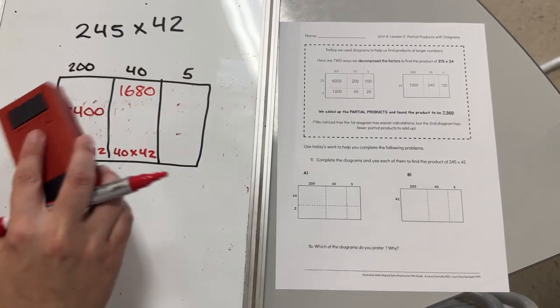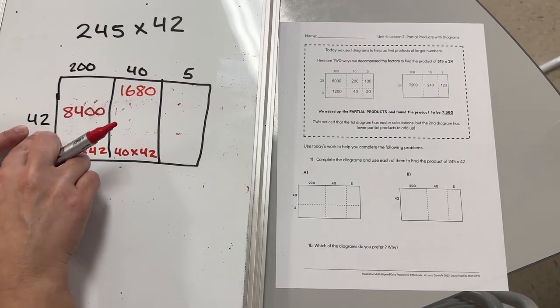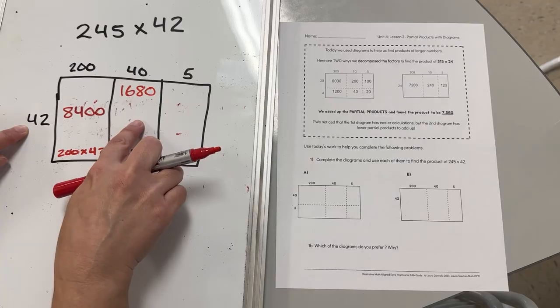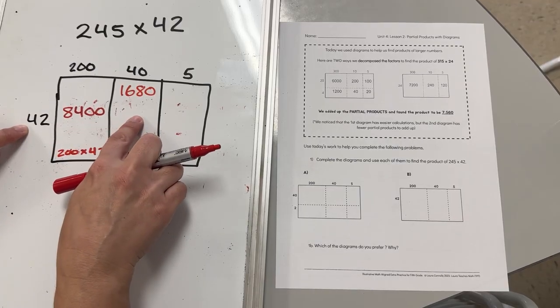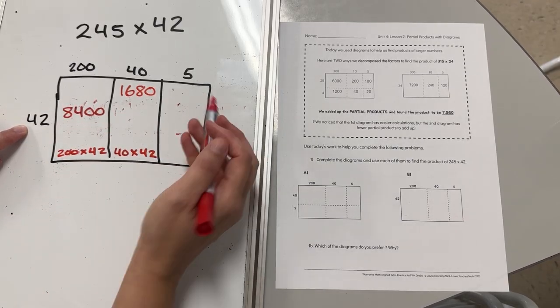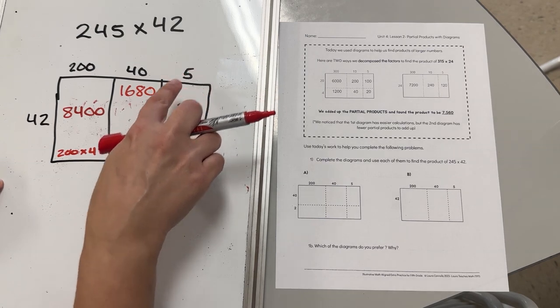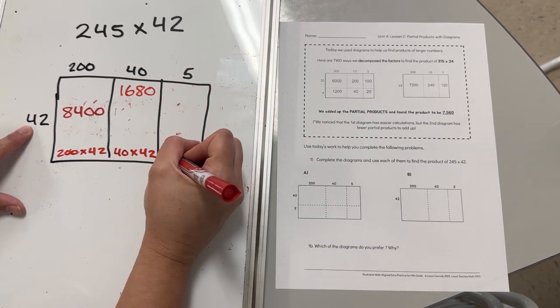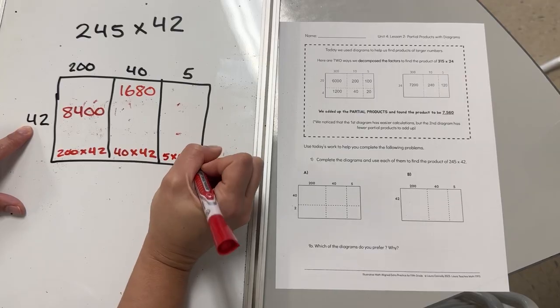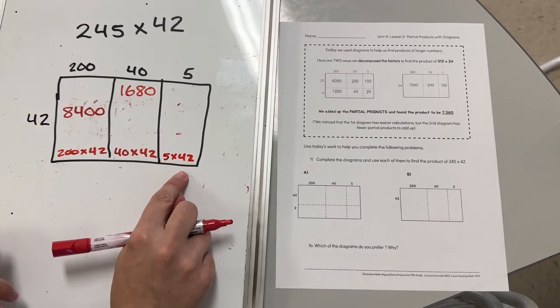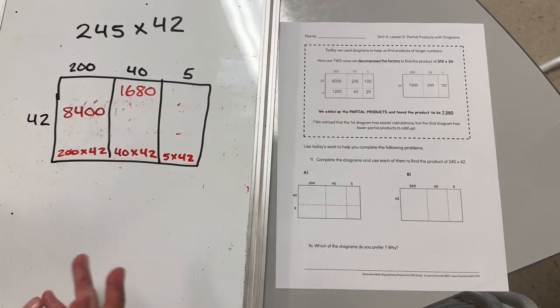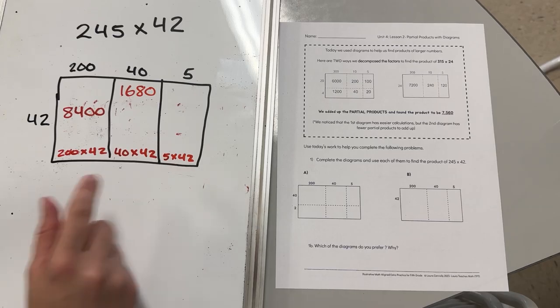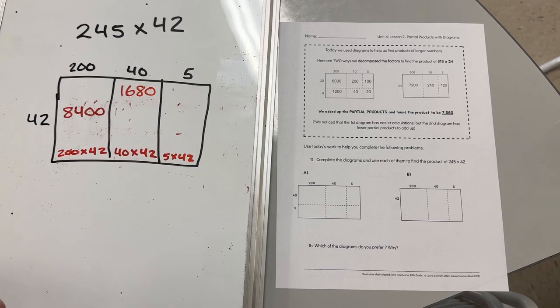Notice how not breaking it up on the side here, not decomposing it, is making it a lot more difficult for me to fill in these slots. In my last slot, I have 5 and 42. So 5 times 42. Again, this one's not super easy for me to just solve in my head. For me, I know that 5 is half of 10. So what I'll do is I'll do 420, which is 10 times 42.